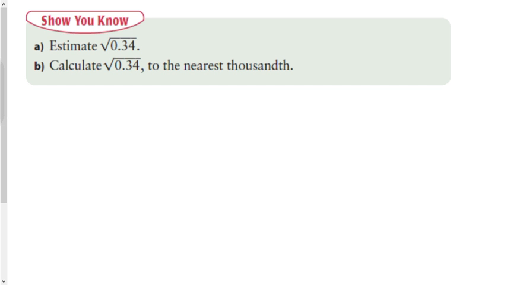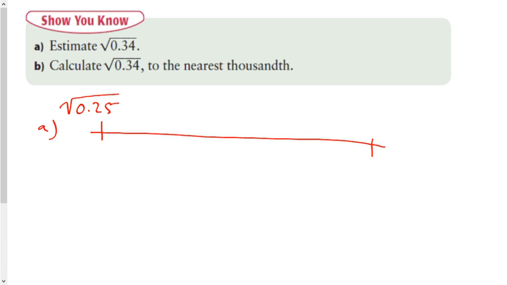And our last exemplar from section 2.4 says, estimate the square root of 0.34. So when we have that, we're going to use our number line again. What perfect squares do we know fit around 0.34? Do we know any decimal perfect squares? Well, what is the square root of 0.25?